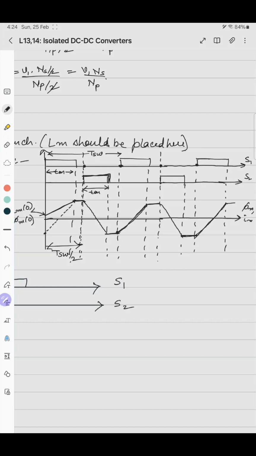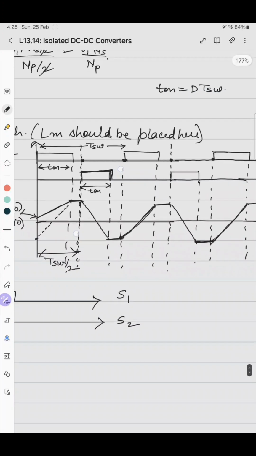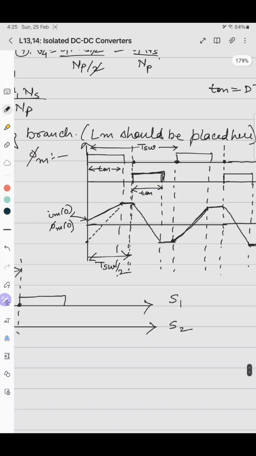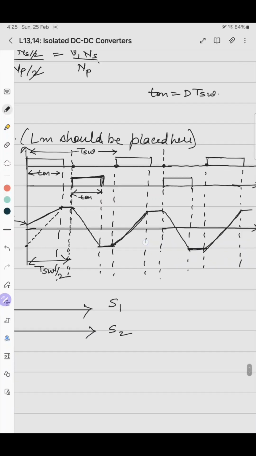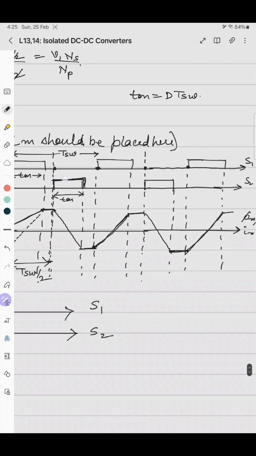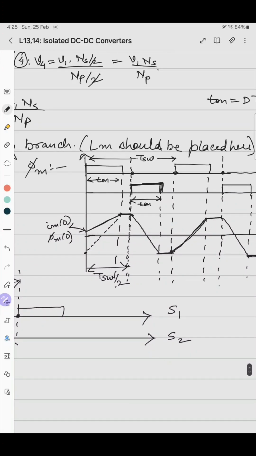So T on is D into T switching. But in this case we have to make sure that S1 and S2 are not turned on simultaneously. It is fixed that S1 will be turning on after T switching by 2, which means that the maximum value of T on can be T switching by 2.